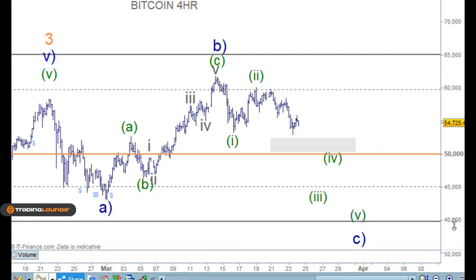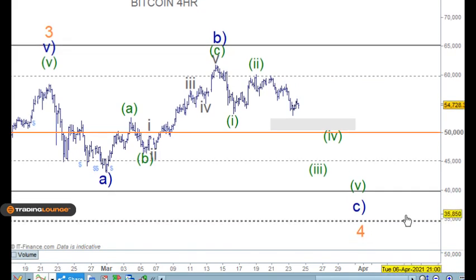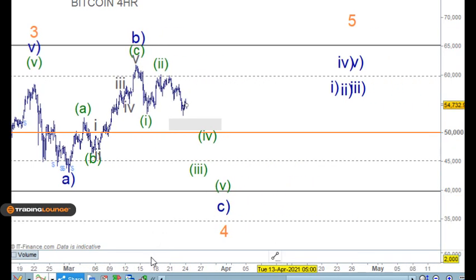So this count here would be the expanded flat. The expanded flat correction, as you may know, is one of three corrections in the flat family, and in a nutshell, if the market's moved up to that high here, then it pulls back in 3 waves, and that's what the flat family corrections are.